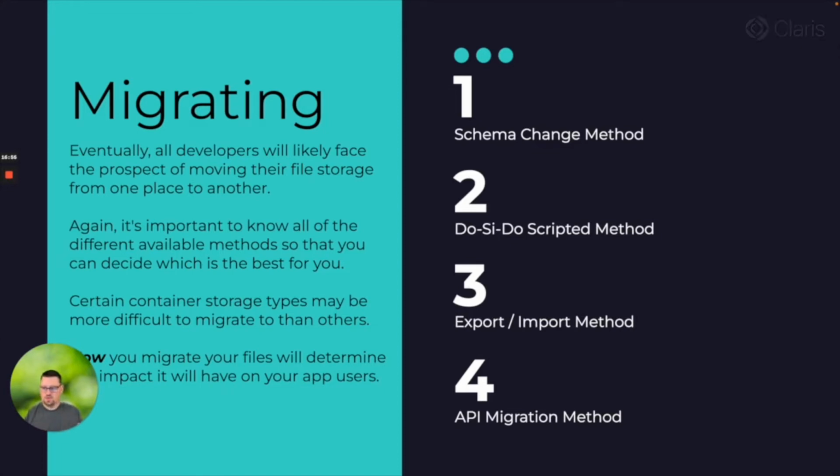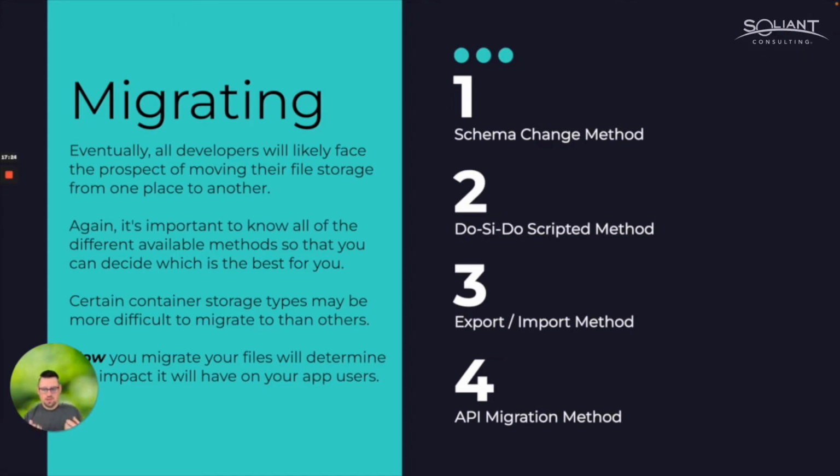Every developer I know at some point has dealt with this problem, so that's a main point of focus I want to make here. A word of warning is that certain types of storage may be more difficult to migrate to than others. Like it may be easier to migrate to linked file storage than it is to migrate from internal to external.